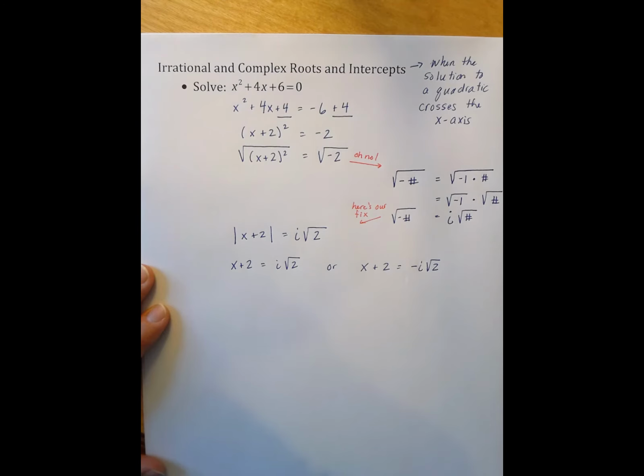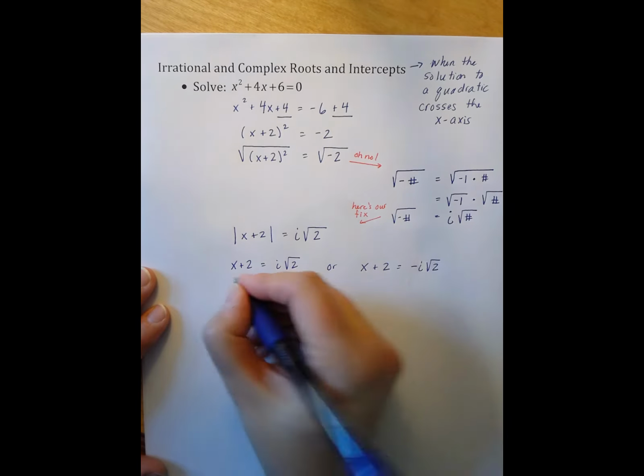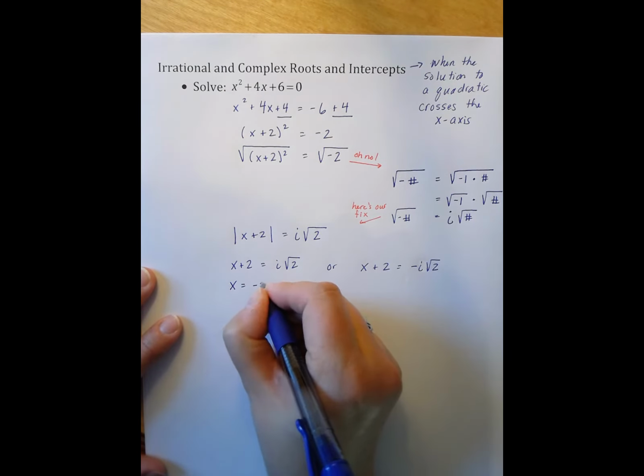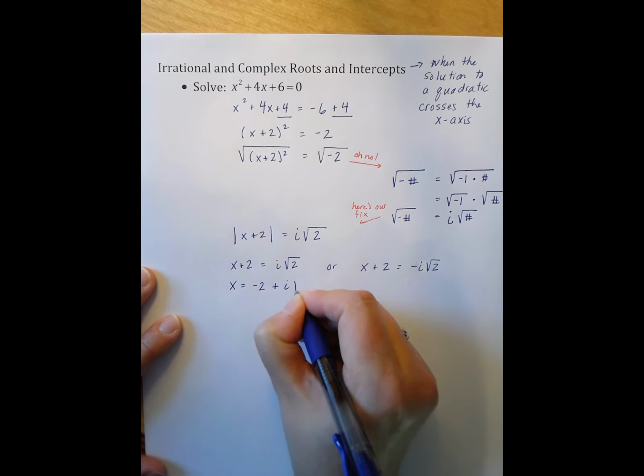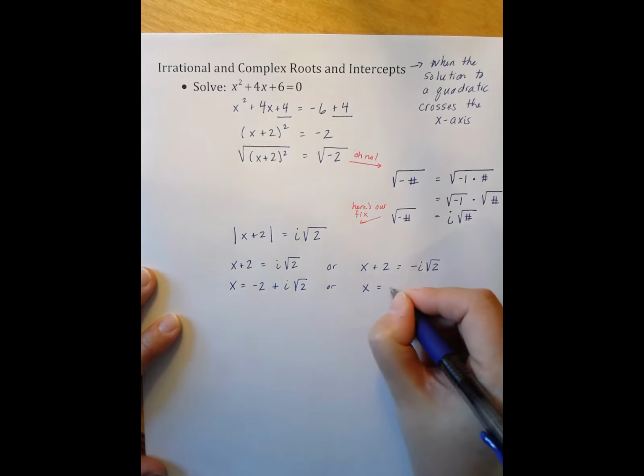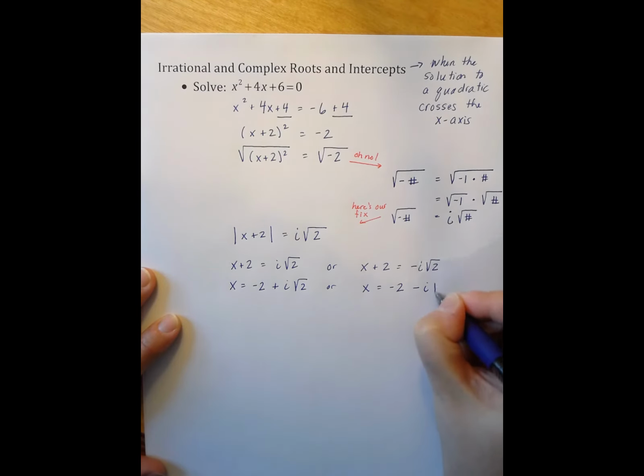So 2 possibilities. Now, when I'm finishing this, if I'm finding the solutions, the roots, the intercepts, in this case, not intercepts, roots, I still want to get down to where I have x alone. So I have x equals negative 2 plus i root 2, or x equals negative 2 minus i root 2.